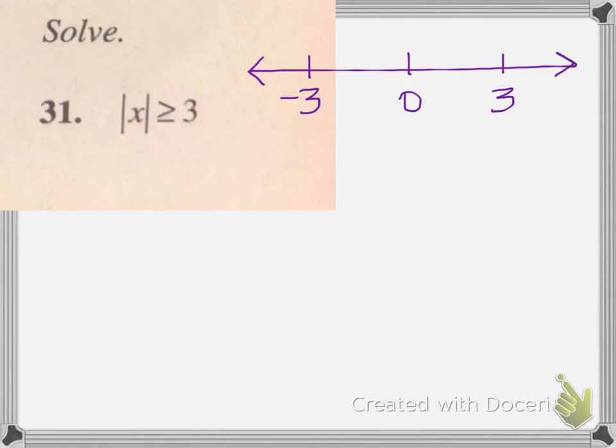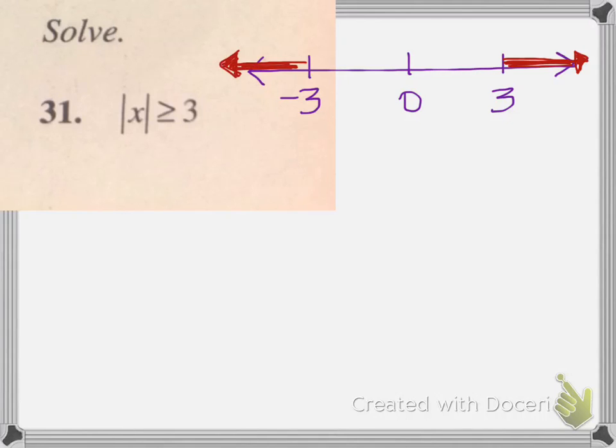Now when we're talking about greater than or equal to 3, what this means mathematically is we want our distance to be greater than or equal to 3. In other words, we're getting further and further away from 0. So, for instance, 4, 5, 6, and then also on the other side, -4, -5, -6.